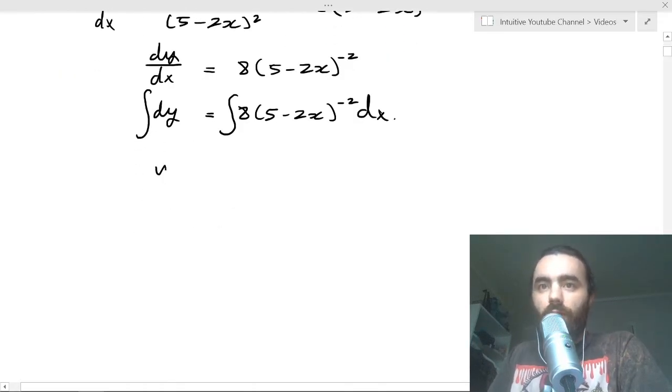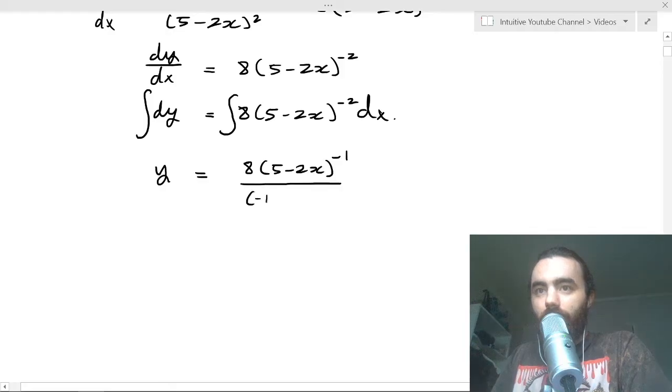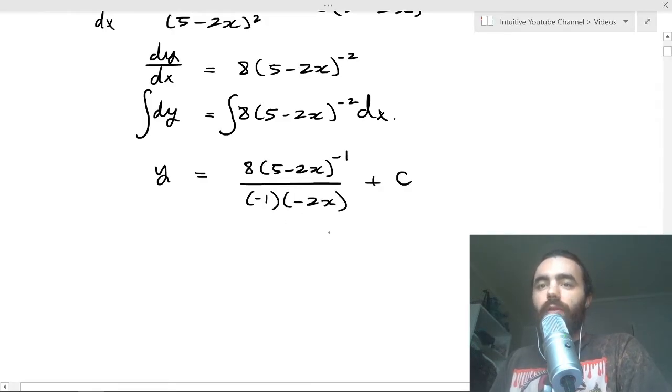And the integral of this is y. And it's y equals 8 times (5 minus 2x). We go up by a power, and then divide by the power, and then times by the derivative of what's in this bracket, which is minus 2x, and then we have this plus c on the end.